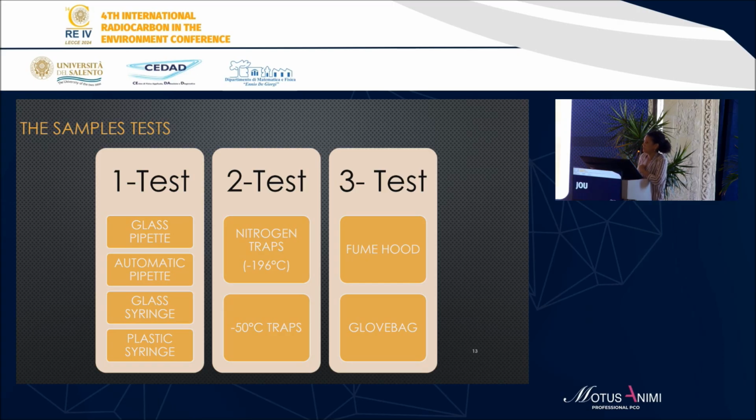I tested using a fume hood and glove bag, because with very low PMC, if I freeze the sample, for example with liquid nitrogen, it's possible to freeze the atmospheric carbon together with it, and for fuel samples with very low PMC, this can be a contamination factor.